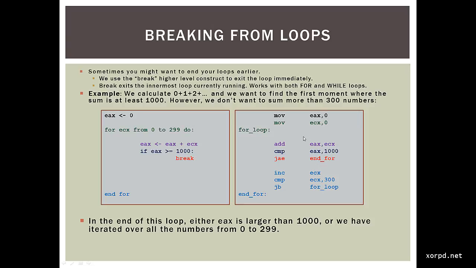This is maybe the only intersection that you are going to see in the higher level construct of branching. We are sometimes going to use it because the break statement or the break idea could be very useful. This is not much of an intersection because there is only one line of a difference between the jump here to the end4 and the jump here to the for loop. We could actually imagine that these two are on the same line. This is how you are going to implement an idea of breaking from a loop.